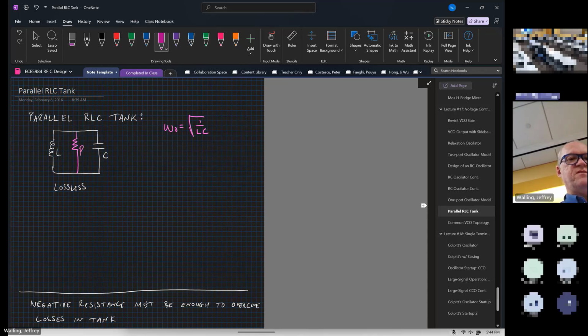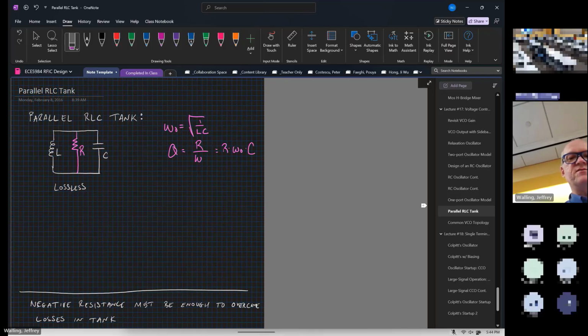So we're just going to have some R that's associated with the loss in the tank. And that is going to be measured by the quality factor of the tank, which is equal to either R over omega naught times L, or is equal to R times omega naught times C.